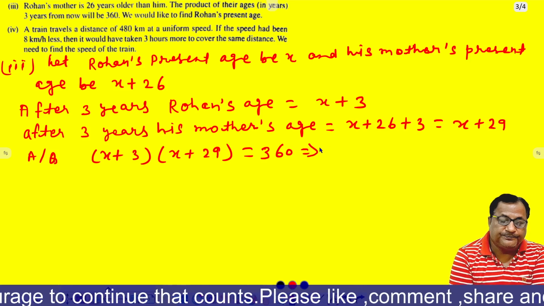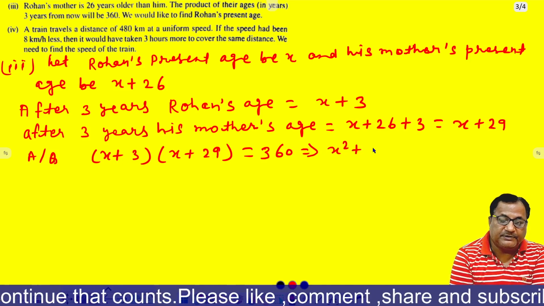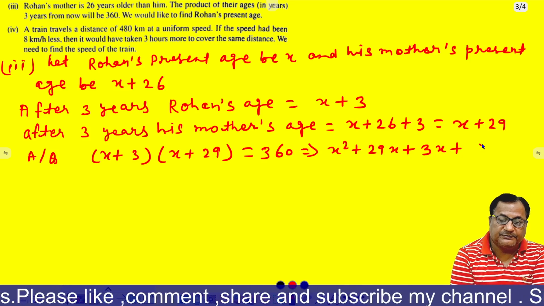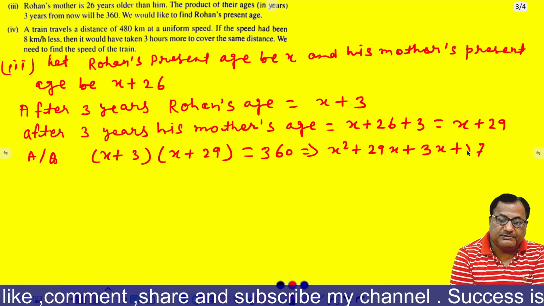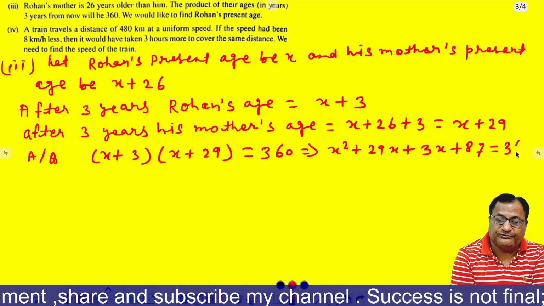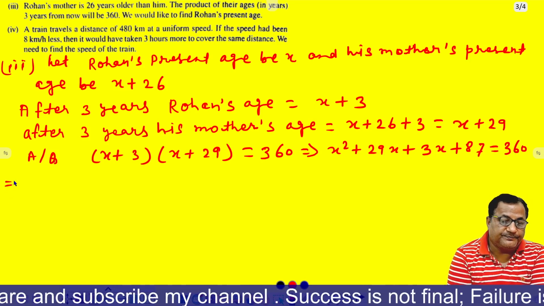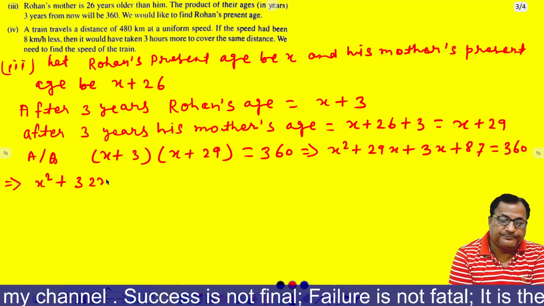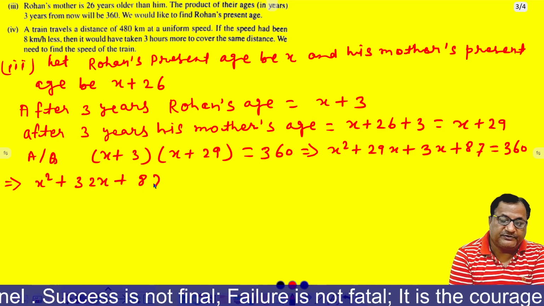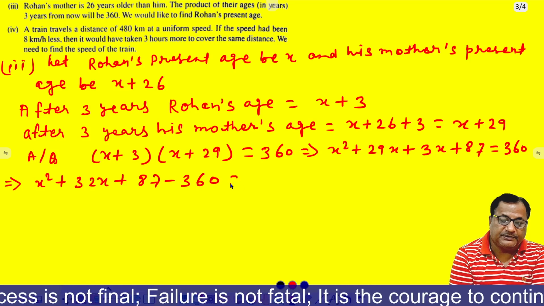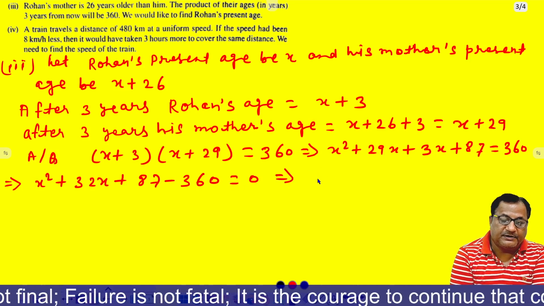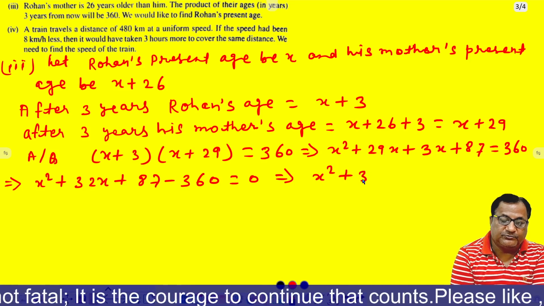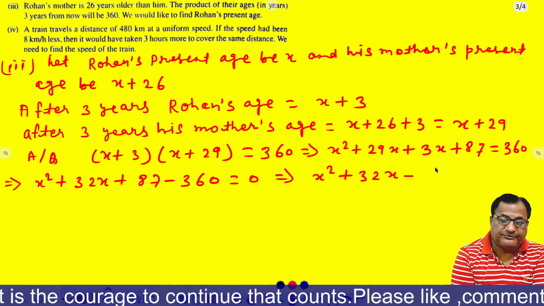If we multiply this, x square plus 29x plus 3x plus 87 is equal to 360. x square plus 32x plus 87 minus 360 is equal to 0. x square plus 32x minus 273 is equal to 0.